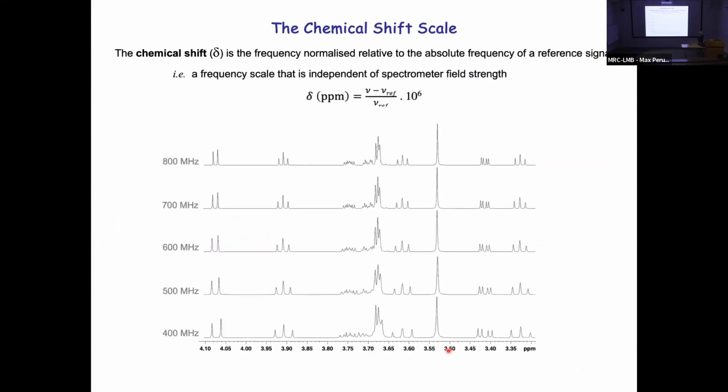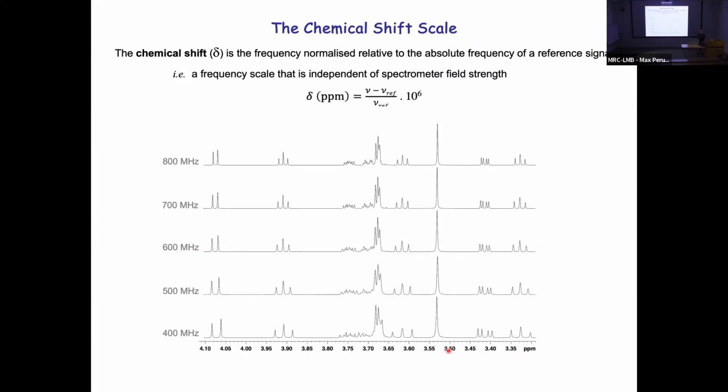So what we need to do, if we're comparing data from different machines, is use a different frequency scale, which is basically the frequency normalized against the strength of the spectrometer. Otherwise, everybody in the world producing NMR spectra will have a different frequency for all of their samples, and we're all reporting different things.